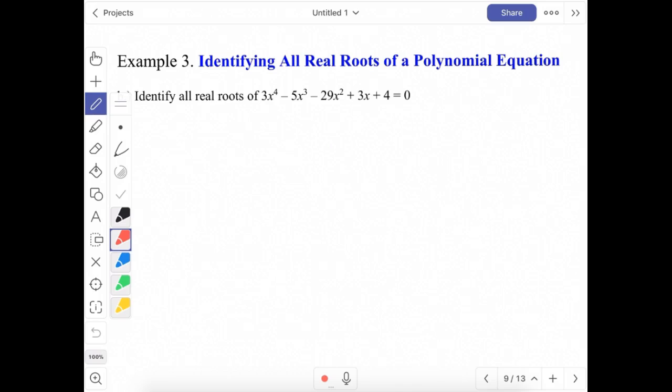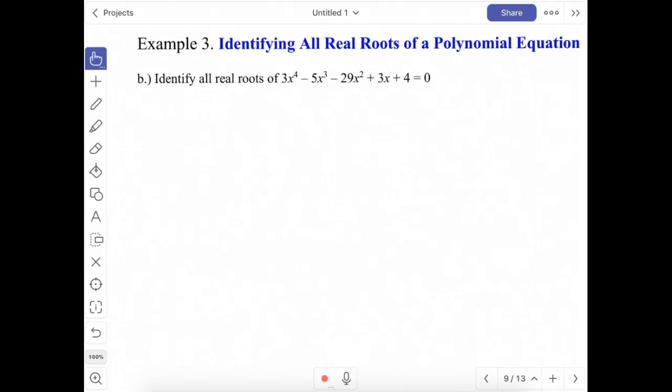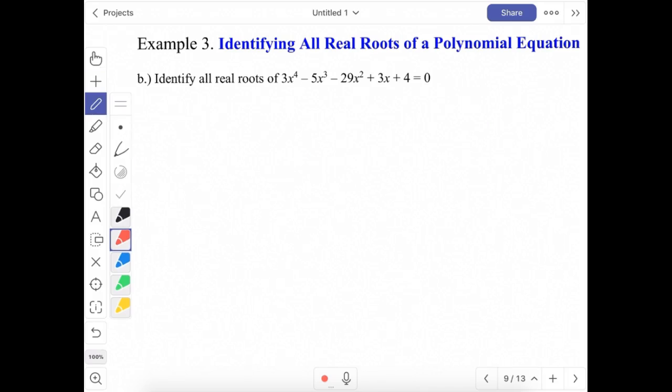Now the next one, doing it the same way. So we have 3x to the 4th minus 5x cubed minus 29x squared plus 3x plus 4. So in this one, we have p over q. That would be plus or minus 1, plus or minus 2, plus or minus 4.